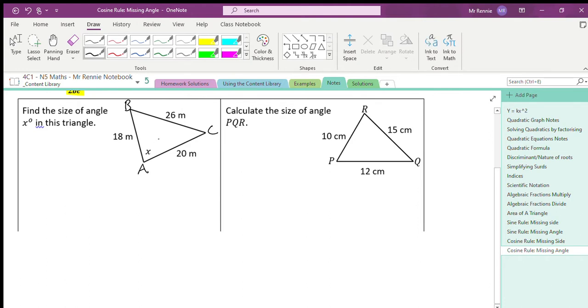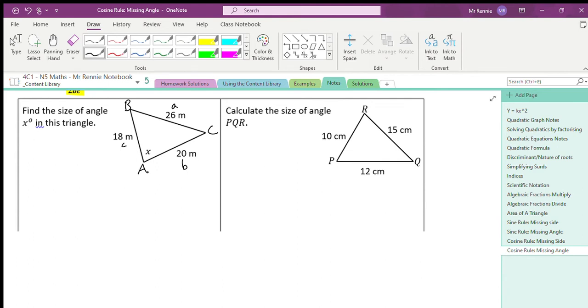To continue labelling, I need to find my lengths now. Opposite angle A is small length a, opposite angle B is small length b, and opposite angle C is small length c.